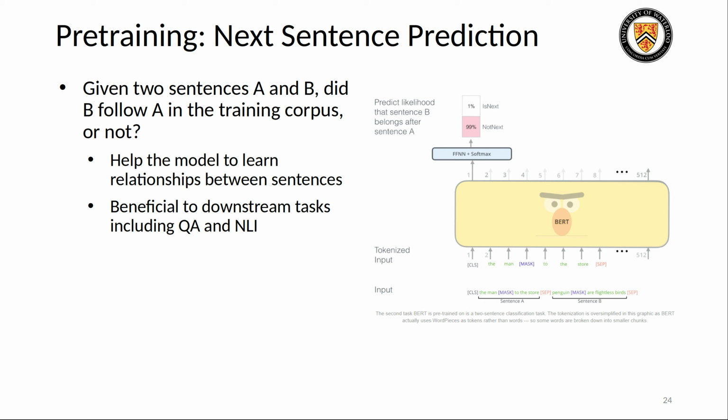During pre-training, 50% of the training examples are positive examples, where the second sentence follows the first sentence in the original document, and 50% are negative examples, where the second sentence is randomly sampled from the corpus. This objective encourages the model to capture relationships between sentences, which can be beneficial for downstream tasks such as question answering and natural language inference, where understanding the relationship between sentences is crucial.